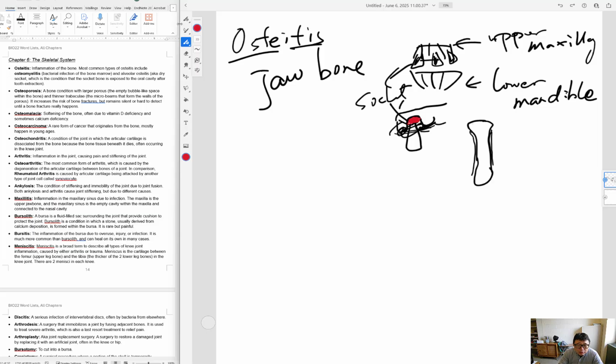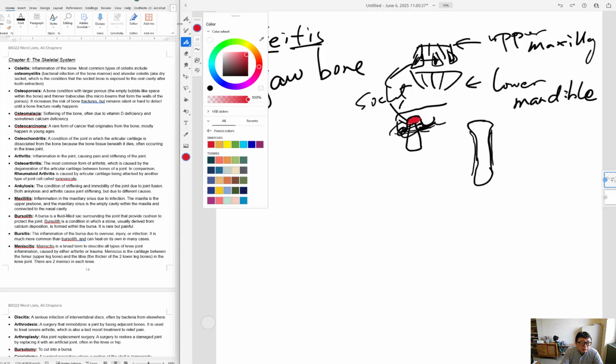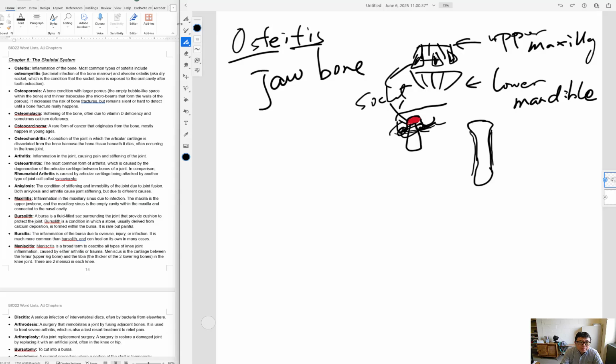However, for some reason, if the blood clot falls off before the new membrane grows here, then we have a condition called osteitis. In other words, they can also call it dry socket.